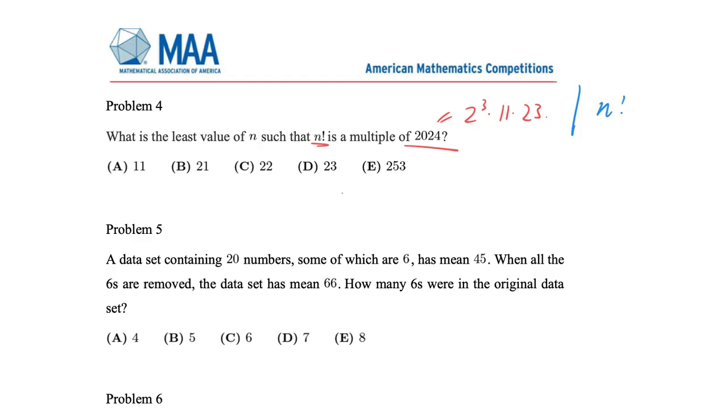So this 23 dictates that n is at least 23. This 11 dictates that n is at least 11. And to get 3 copies of 2, all you need is a 2 and a 4, and then everything else later would always satisfy this. So this basically says n is at least 4. So you just take the largest. You can check that this works.